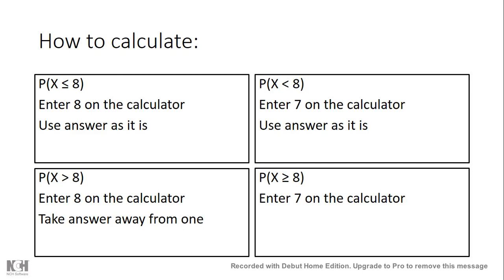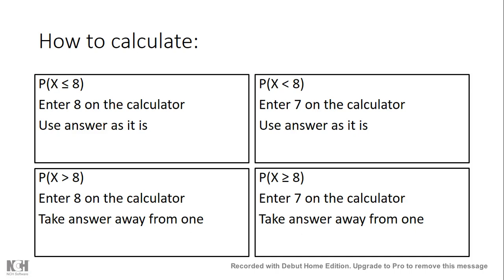So we want 8 or more. So these are the ones that we're getting rid of, everything from 0 to 7. Okay? So then we're going to take the answer that BCD gives us, because this is basically saying I'm taking away everything from 0 to 7, so what I'm left with is 8 or more.